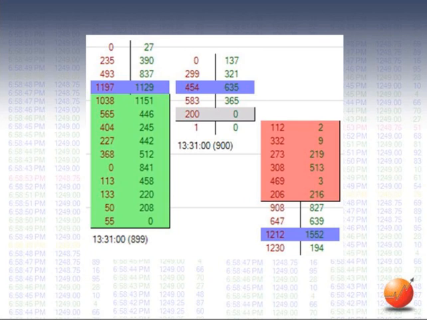Buyers drive the market higher. You see responsive selling. Okay. Then we see kind of another pattern of responsive selling. What would you consider that to be if you were looking at any other chart? Double top?